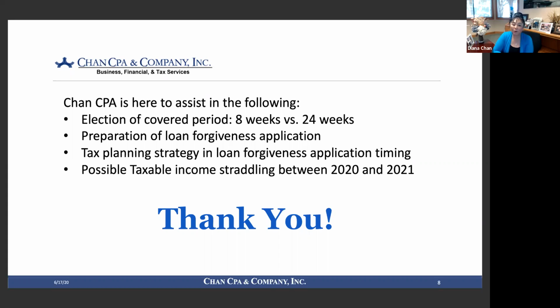We can help in regards to tax planning strategies and loan forgiveness application timing, because of the fact that it is 10 months before you have to complete the loan application, it might straddle different years. And so it'll be really important to decide that, because there will be a revenue recognition component. And also, we can assist in possible taxable income straddling between 2020 and 2021.